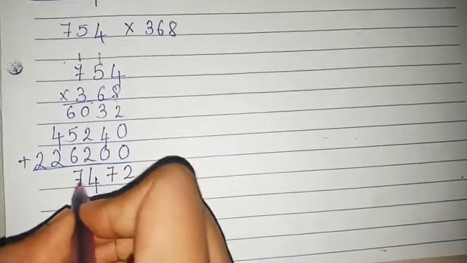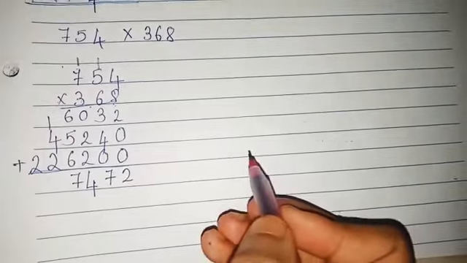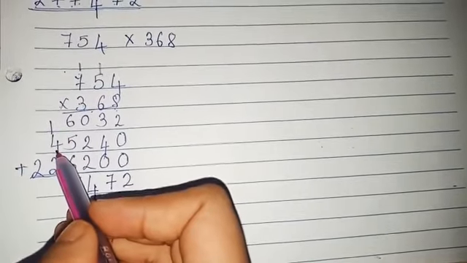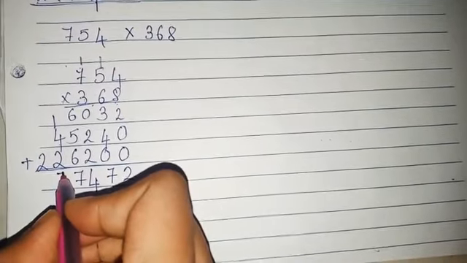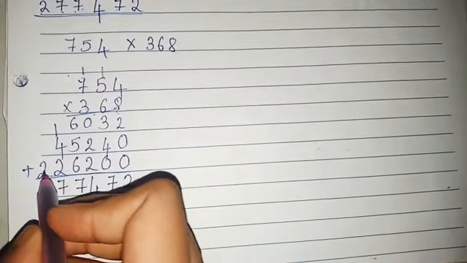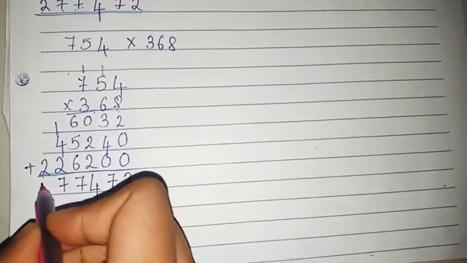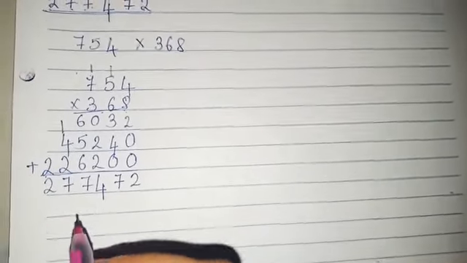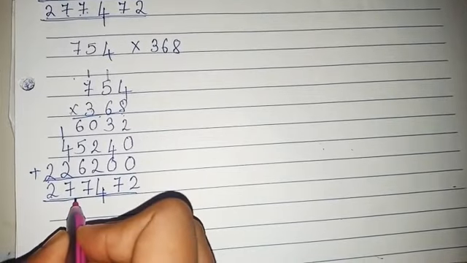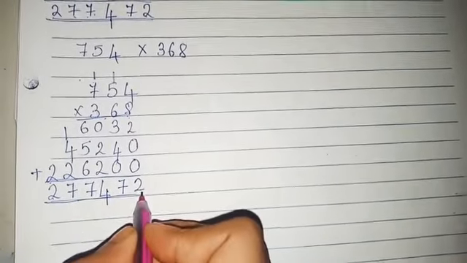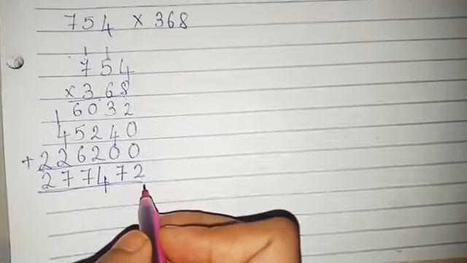So 7 will come here and carry forward 1, right? Now 1 plus 4 is 5. 5 plus 2 is 7. Now this 2 will come as it is, 2. Okay. So we get 2,77,472. Understood everyone?